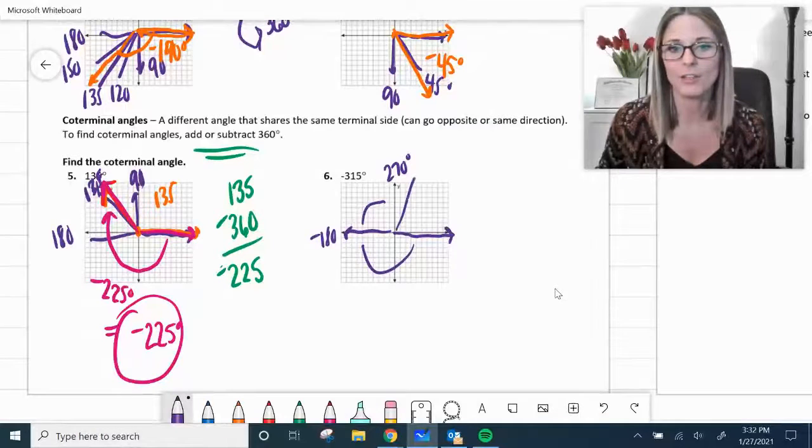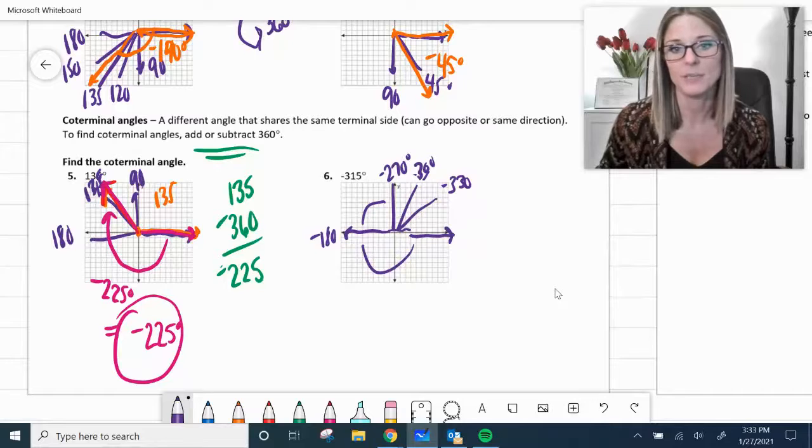If I do another 30, that's negative 300. Another 30 would be negative 330. Here, standard position, positive x-axis, we're going to go down and around halfway between here to give us negative 315.